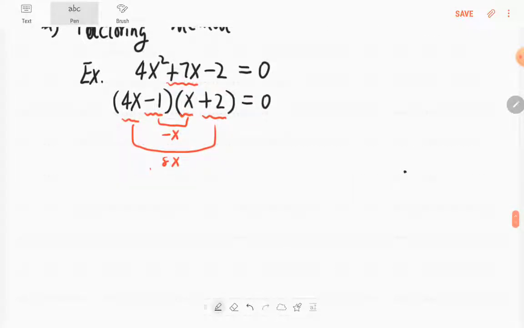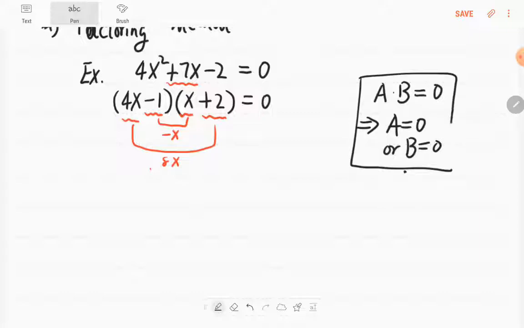Now if we have two terms, a times b equals 0, what will we have? It implies that a equals 0 or b equals 0. This gives you the idea for solving this kind of equation. So you have 4x minus 1 equals 0, or x plus 2 equals 0.